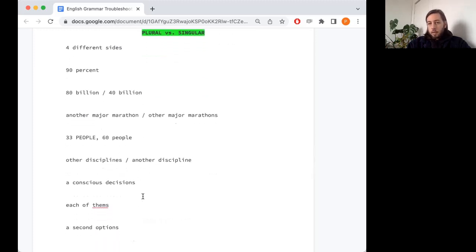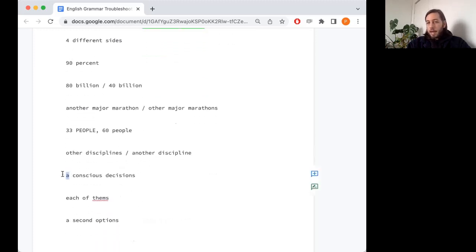Moving on. The next example, we have a, which signifies one, just one, so you can't put that with decisions. So we'll say a conscious decision, or if you want, and it's plural, you can make it conscious decisions.